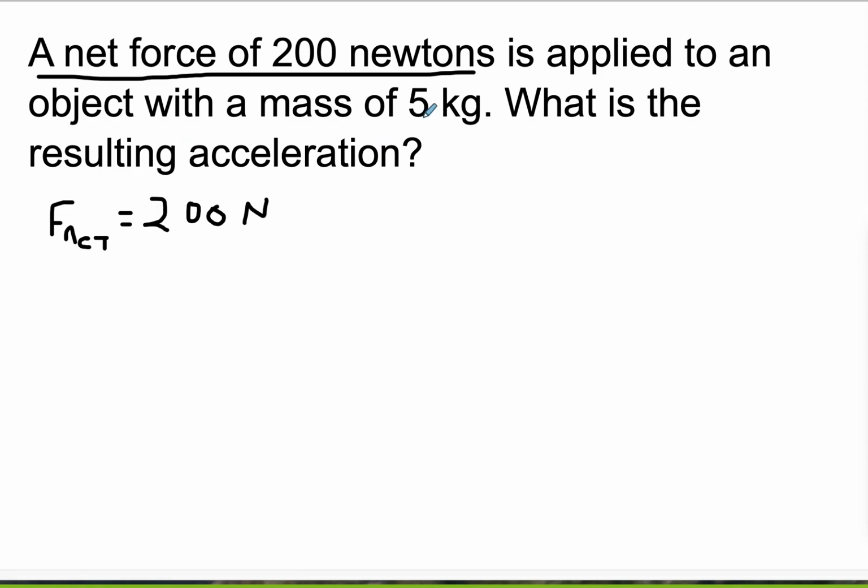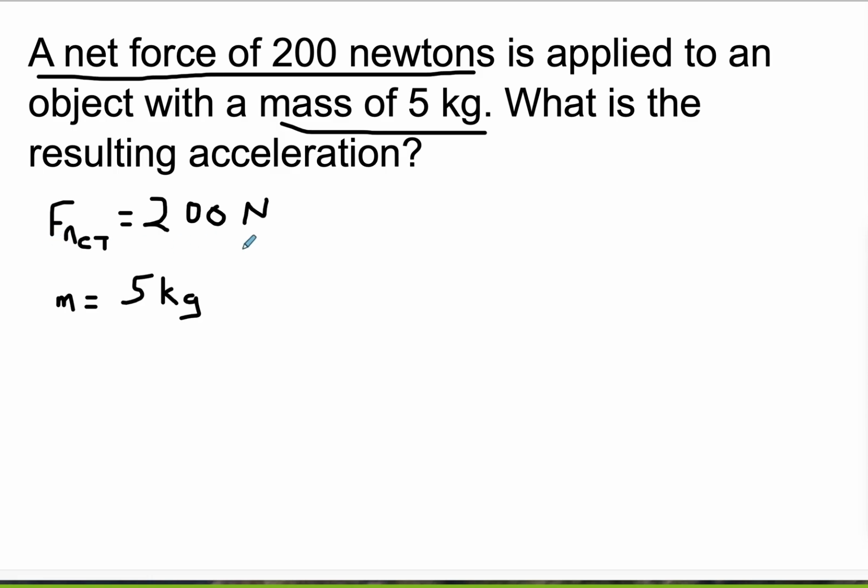It's applied to an object with a mass of 5 kilograms. So the mass is equal to 5 kilograms. So that would be the equivalent of 11 pounds, an 11-pound object. Maybe it's like a shot put. I don't know exactly what the weights for shot puts are anymore.